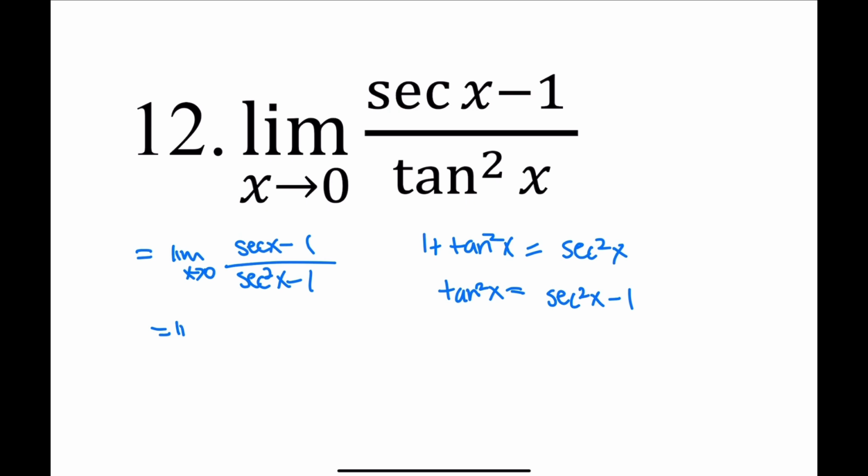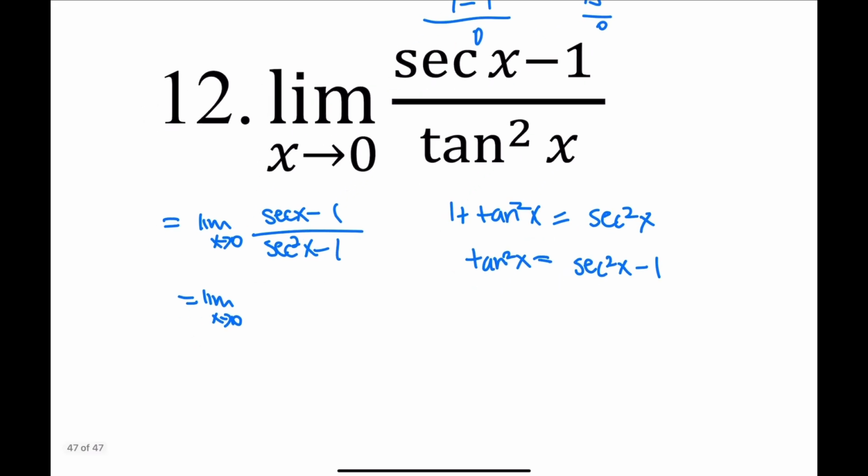Okay, so that means limit as x approaches 0. Again, I forgot to do this, but make sure to plug it in. So we get 1 minus 1 all over 0, or 0 over 0. Okay, so we're going to say secant x minus 1 over secant x minus 1 times secant x plus 1, right?